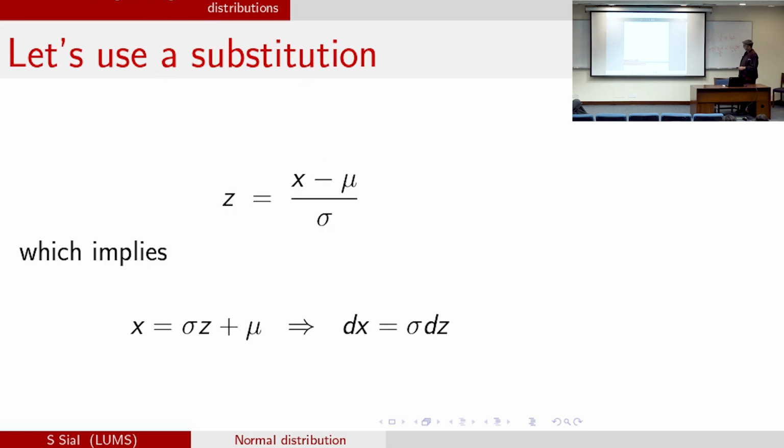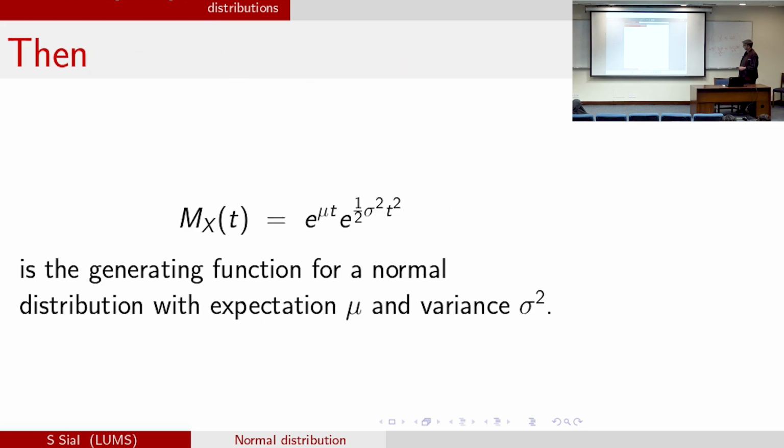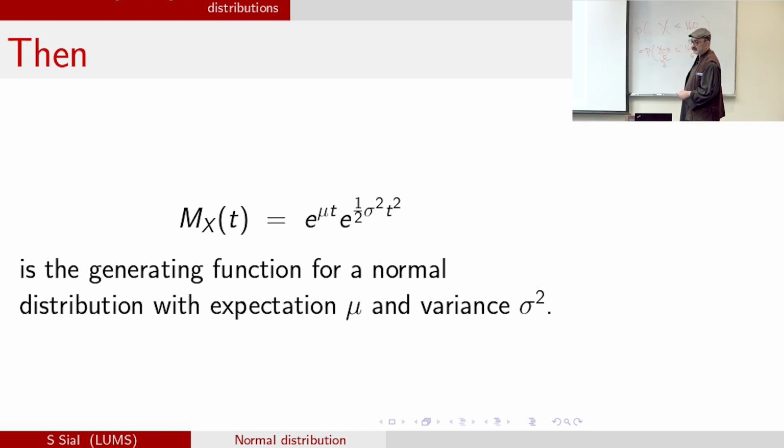There's a bunch of substitutions, and this is what you'll get: e to the mu t, e to the 1/2 sigma squared t squared, right? For the standard one, mu would be equal to 0, and that term wouldn't be out there, and sigma would be equal to 1. So that's what we had before. Now if you want to calculate higher moments, for example, that becomes fairly easy to do, right? It's differentiating exponentials, we know how to do.